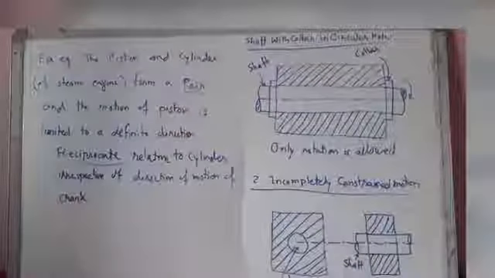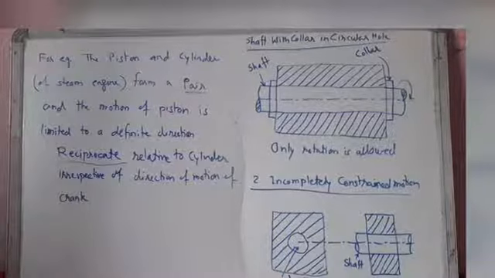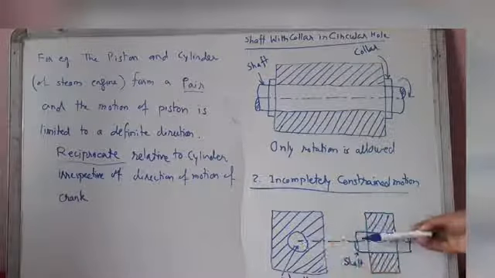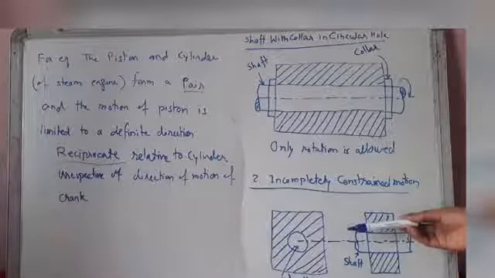The next type is incompletely constrained motion. Here the hole is round and one shaft is inserted in this round hole.